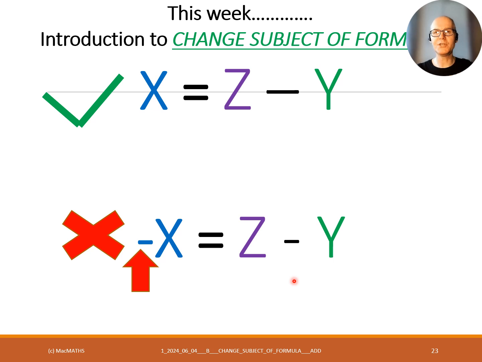Once you've moved in prior steps to change the subject, you can't stop when you have a minus in front of your subject. You need to continue on with your movement to ultimately get the new subject to be a positive.